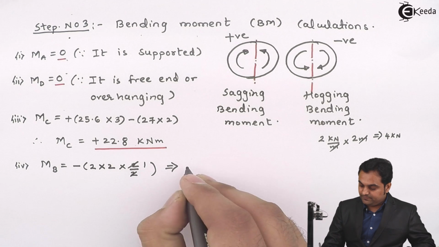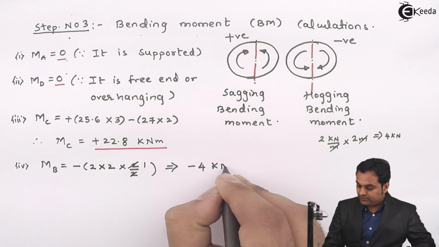So therefore the moment at B comes out to be minus 4 kilonewton meter.